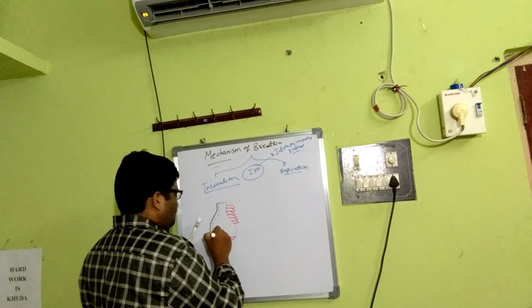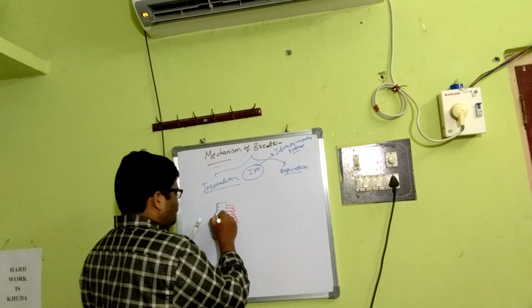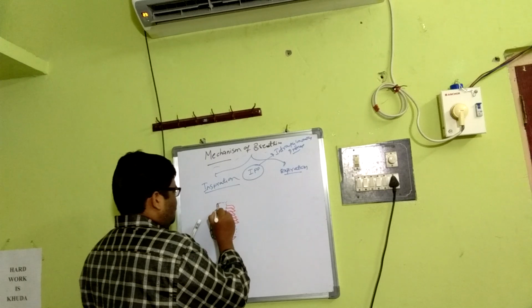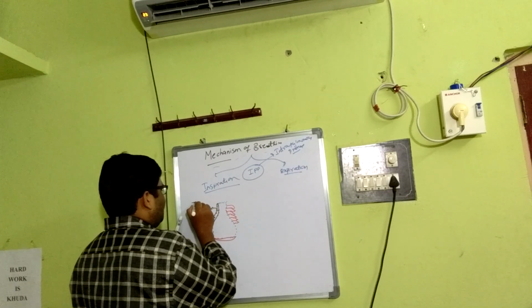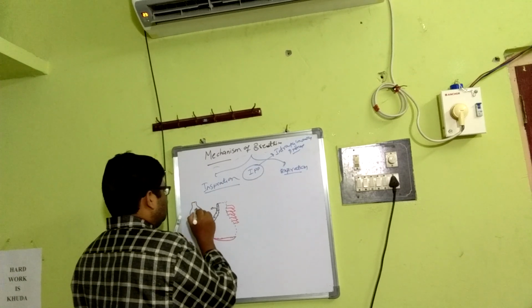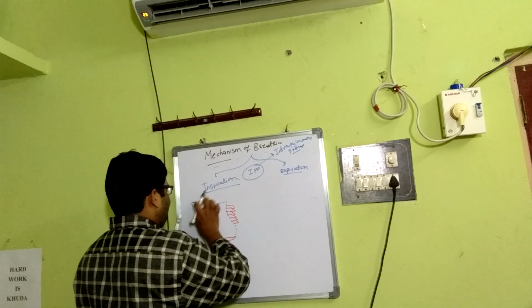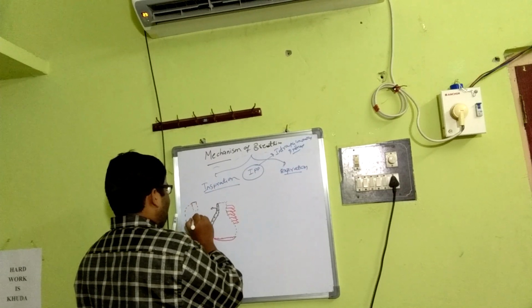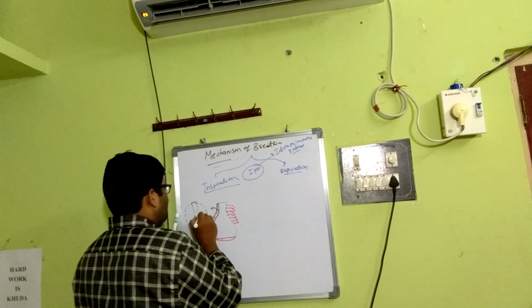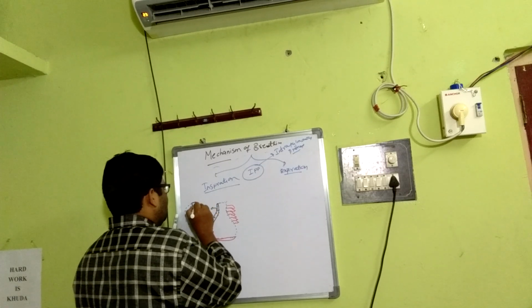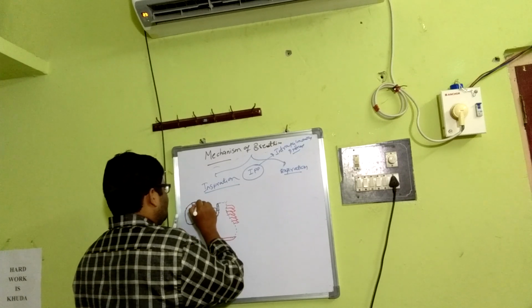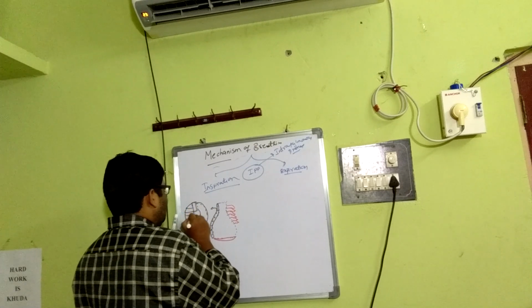So this is the rib cage. Here the ribs are, we all know this rough representation. These are the ribs.